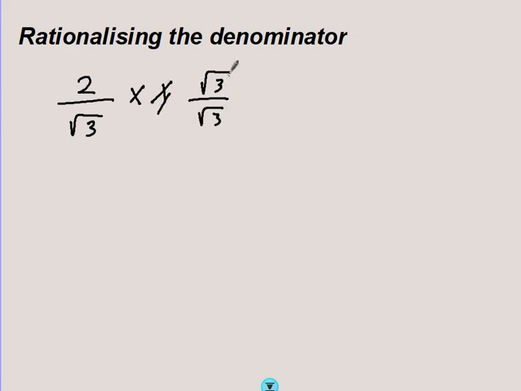Root 3 divided by root 3 is equal to 1. So this multiplication does not change the value of the surd. So when you do the multiplication, you end up with 2 root 3 divided by 3.